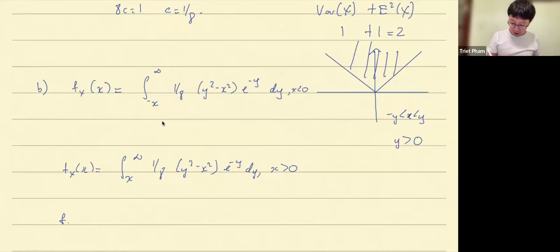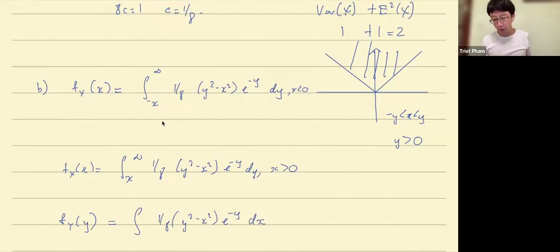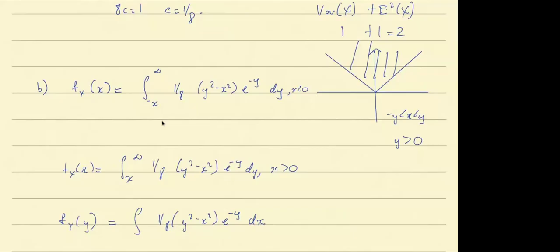So let's write down the density of y, which is the integral of this, but integrate out the x. So x goes from where to where? This should be easier. Here x goes from negative y to y.